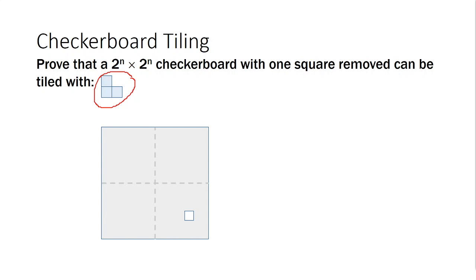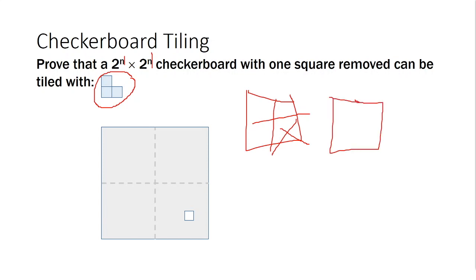So we can consider the base case. n will be 1, a 2 by 2 case with 1 square missing. If it is like this, it is exactly the same shape, and we can put the tile into it.